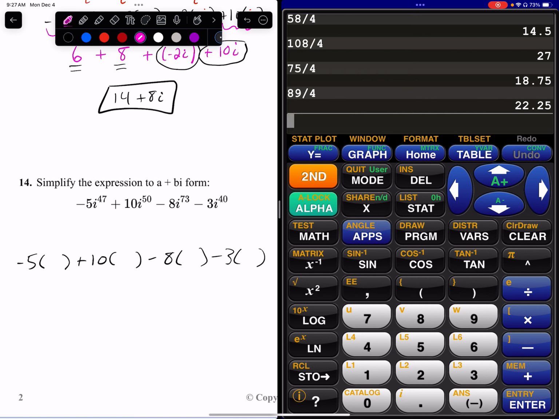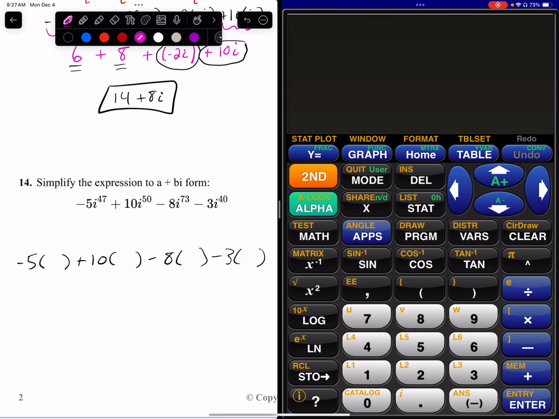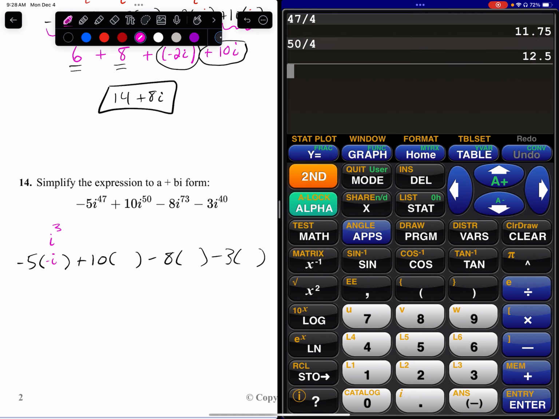Okay, so let's figure out what each of those terms are. 47 divided by 4 leaves 3 quarters. So I would get i to the 3rd power, which is -i. And then jump over to 50. 50 divided by 4 is 12.5, so that's 2 quarters. So i squared is -1. That's a super important one.